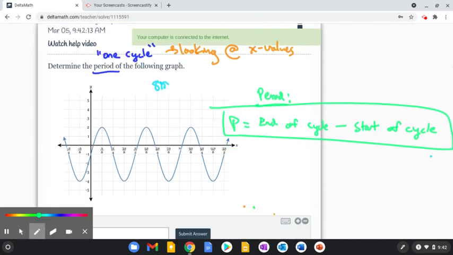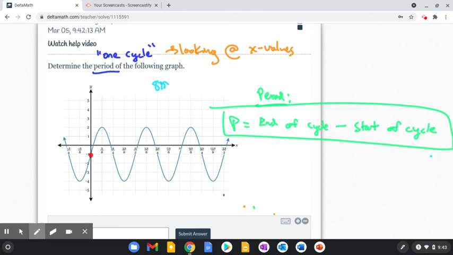All right, so the easiest thing that I found to identify these, and this works on almost every case, is to start where it crosses the y-axis, where x is 0. And then you can either trace it or just identify where it hits that point again and it's completed a cycle. So here's one cycle.